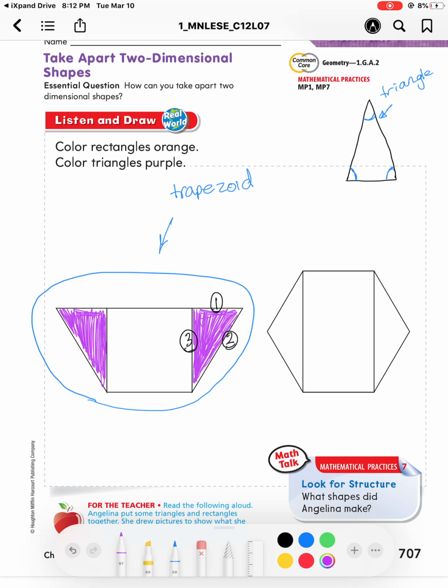Now, we can easily identify where the rectangle is. Do you remember what the rectangle looks like? The rectangle has four sides. But what is the difference between a rectangle and a square? Excellent.